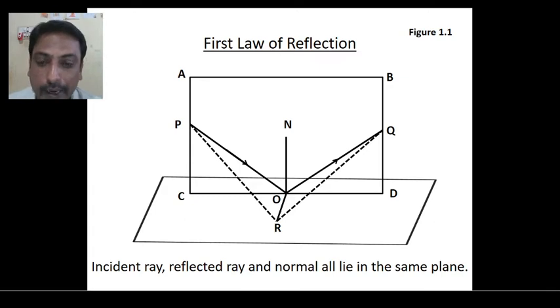The geometrical path from P to R is found to be greater than PO and RQ is found to be greater than OQ. Hence, I can conclude that the total path PR plus RQ is greater than PO plus OQ, which is against Fermat's principle. Therefore, R must coincide with O. It indicates that the incident ray, the reflected ray and the normal must all lie in the same plane.